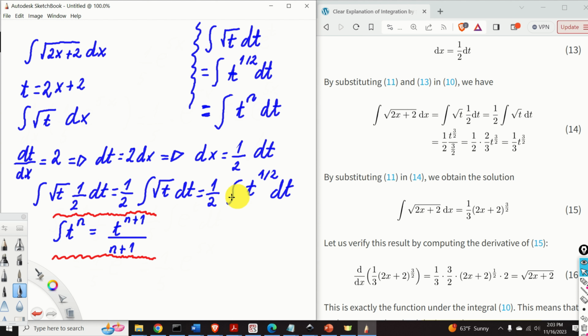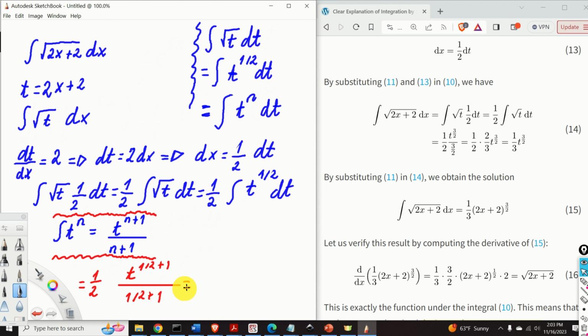We have from here, I'm just continuing this expression over here, that this integral is equal to 1/2. Let's see what do we have over here. We have t to the power 1/2 plus 1 over 1/2 plus 1.